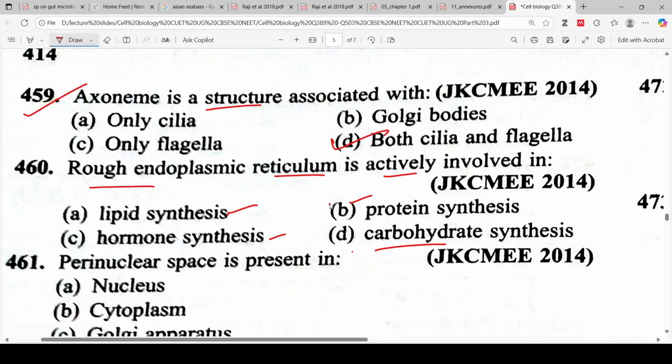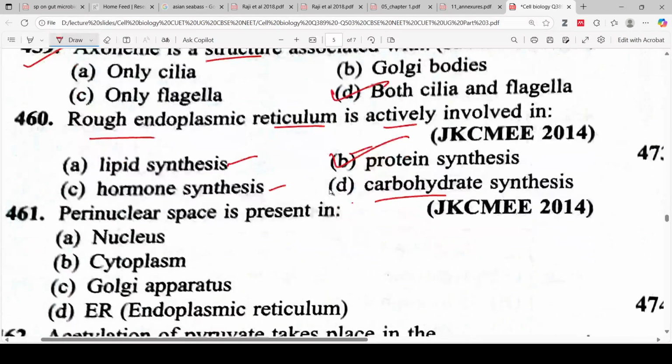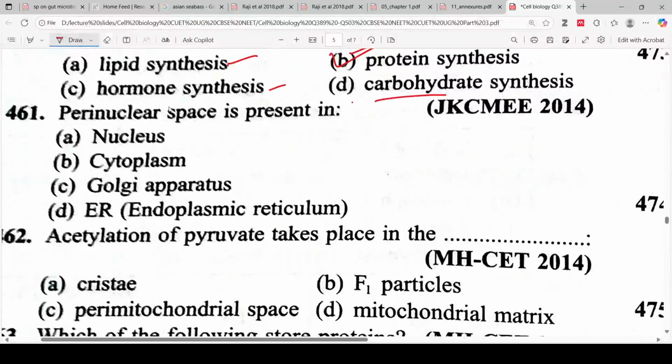So rough endoplasmic reticulum is actively associated with protein synthesis. Perinuclear space is present in nucleus, cytoplasm, Golgi apparatus, and endoplasmic reticulum. So the correct answer is option A, nucleus.